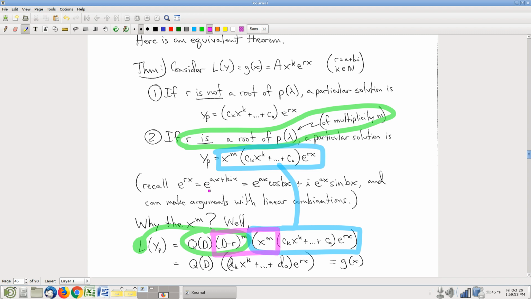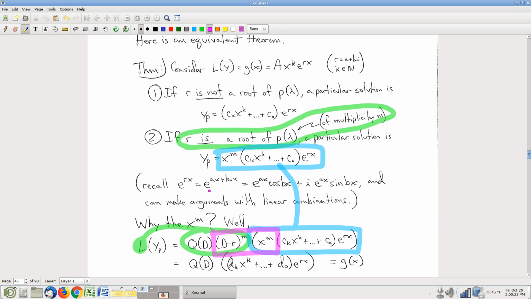They're just going to get rid of these m factors of x that I stuck right here. Right? So those are going to go away. Now, yeah, every time you get rid of one of these x's, the scalars out front change. So these c's are going to turn into other constants, d, whatever. I don't care about the details as to what the relationship between the c's and the d's is, but that's predictable stuff that you can just write down.